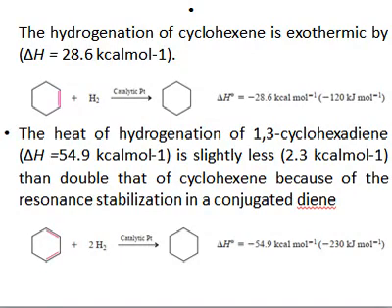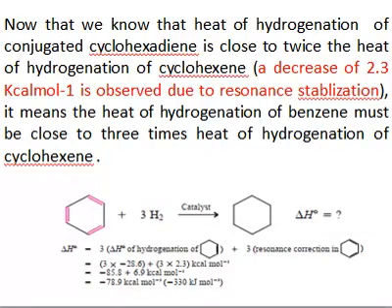You can say 2.3 kilocalories per mole has reduced. It should be double the value, but it's almost double with a deficiency of 2.3 kilocalories per mole. So the deficiency is explained by the resonance stabilization of the conjugated diene.